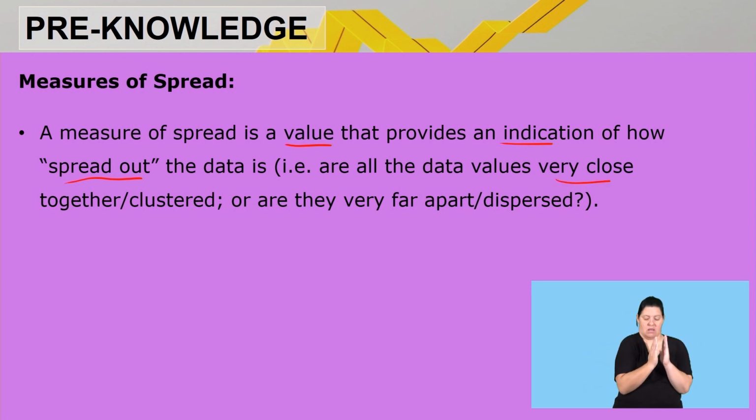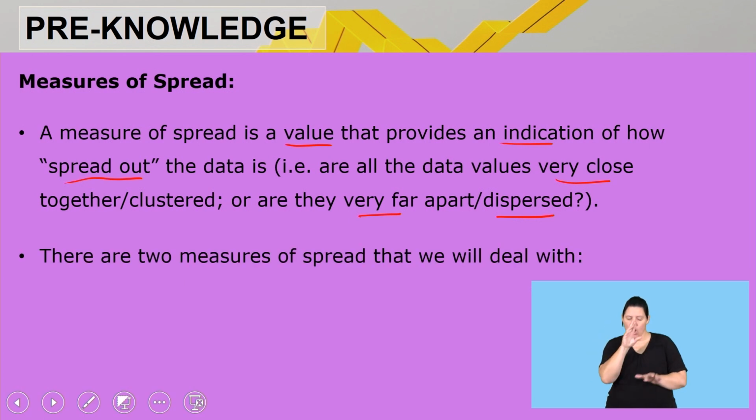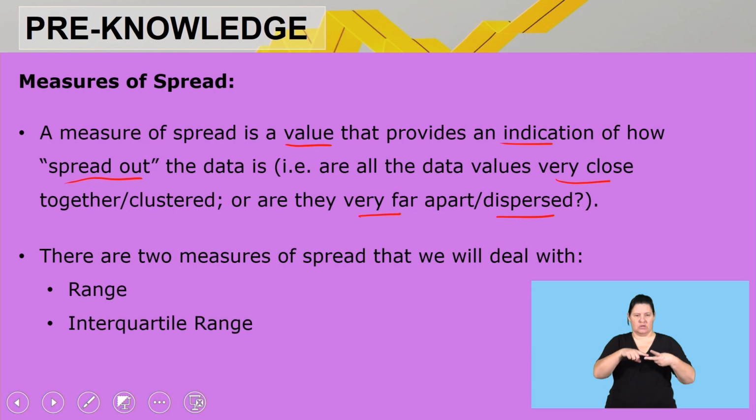Are they clustered? Or are they very far apart, meaning are they dispersed? Normally there are two types of measures of spread, and what we'll be working with today is our range as well as our interquartile range. Okay, so let's move on.